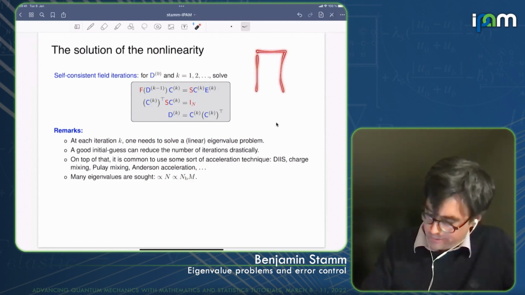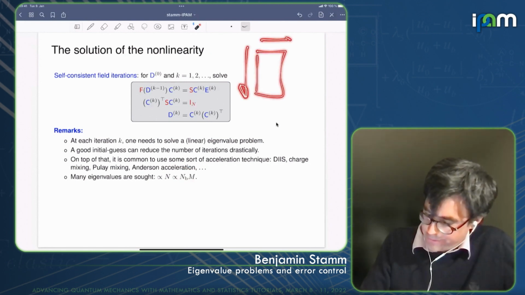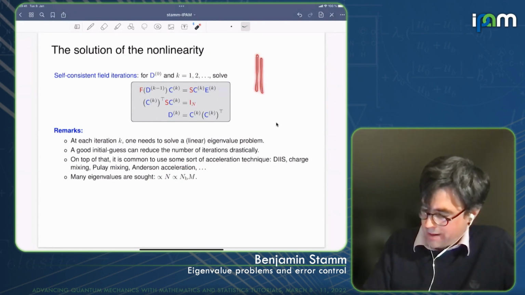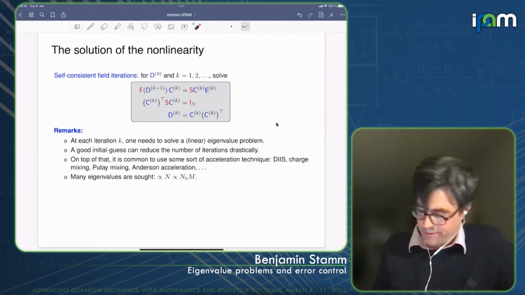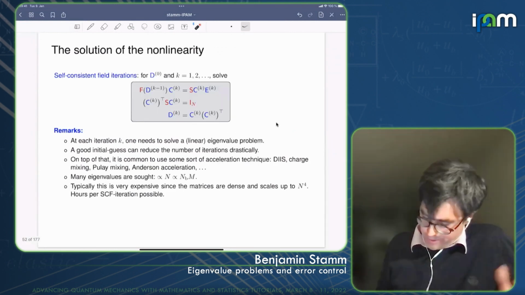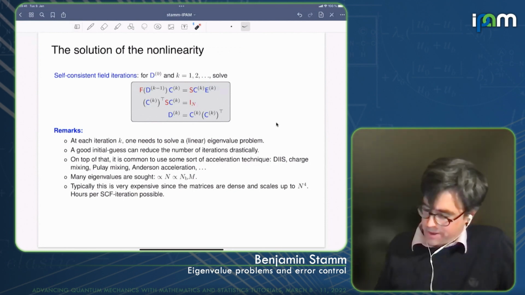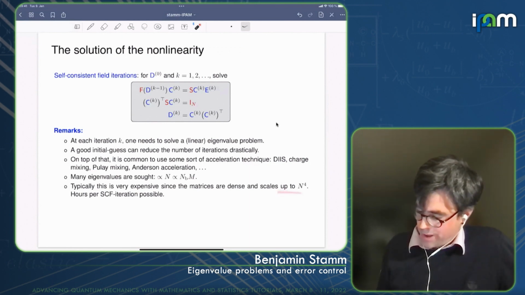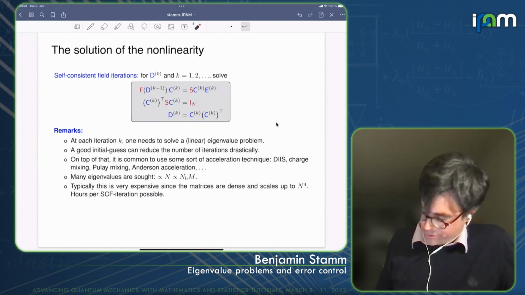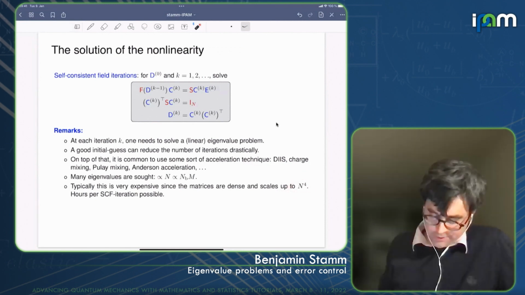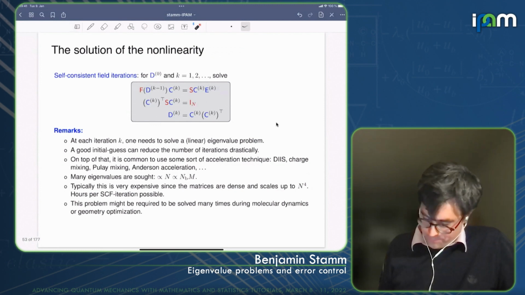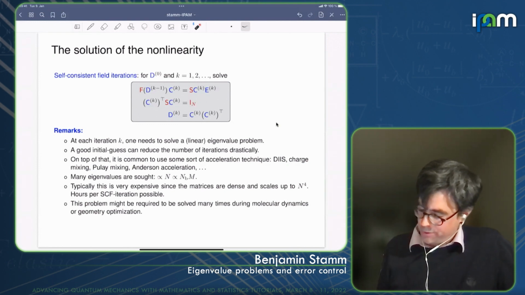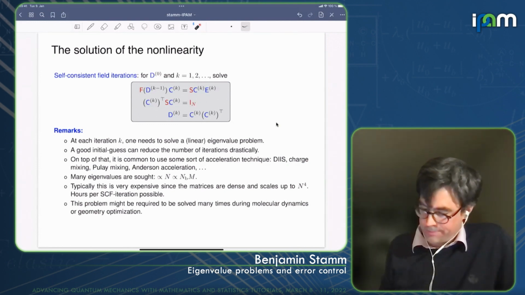It's not just that the C matrix has many basis functions, but you also have an increasing number of eigenvectors to solve for if you increase the system size. Therefore, depending on different properties, you can have a computational complexity of this procedure up to N to the fourth. But many versions of codes have a lower exponent than this. This problem typically not only needs to be solved once, but many times if you do molecular dynamics or geometry optimization.